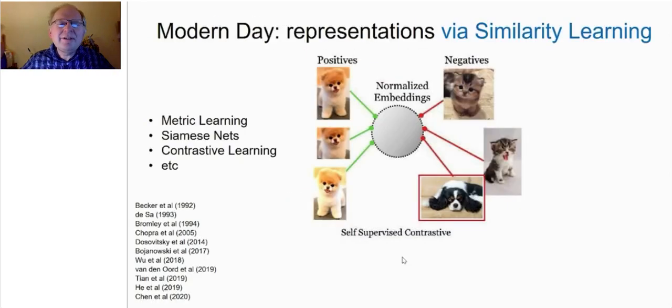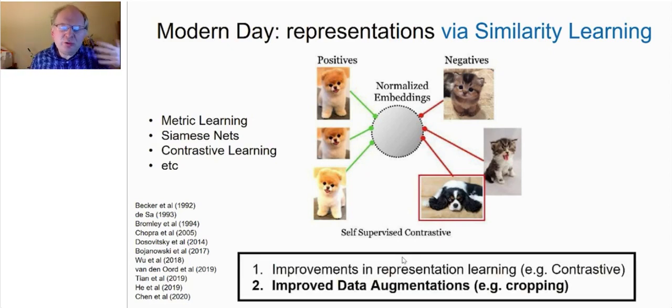And of course, nowadays this whole area of similarity learning has been doing really well and getting some really nice results. Basically the idea is that the positives are all your data-augmented versions of yourself, and the negatives are everybody else, and then you try to separate them.